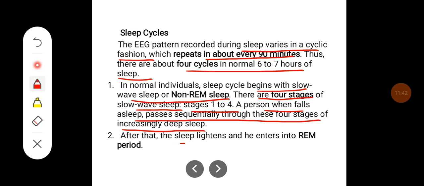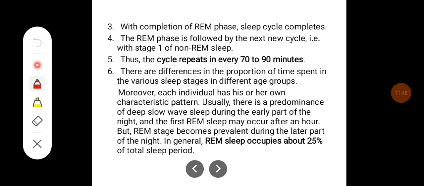After that, sleep lightens and he enters the REM period. With the completion of the REM phase, the sleep cycle completes. The REM phase is followed by the next new cycle, starting with stage 1 of non-REM sleep. Thus, the cycle repeats every 70 to 90 minutes.